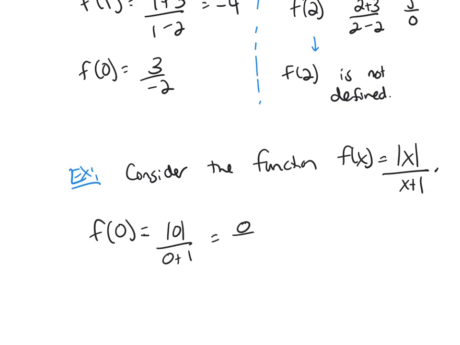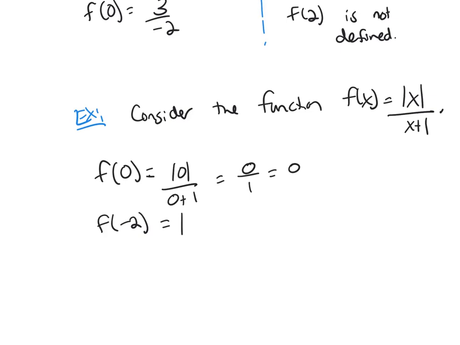You get 0 over 1 or 0. What happens if I plug in -2? So the absolute value of -2 is +2. And I get -2 as the output.